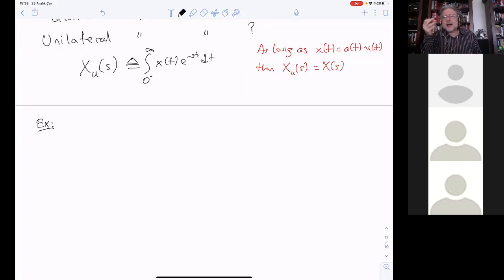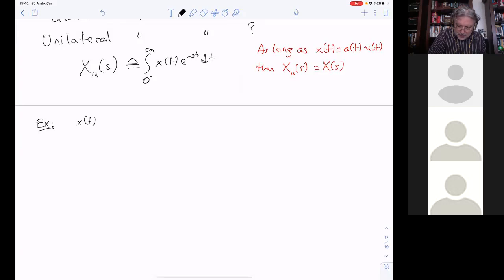Causal signals are implicitly assumed, and we don't need to indicate it deliberately. You don't have to indicate it, and there's no alternative inverse Laplace transform or anything. The inverse Laplace transform is unique, even if you don't indicate the region of convergence.